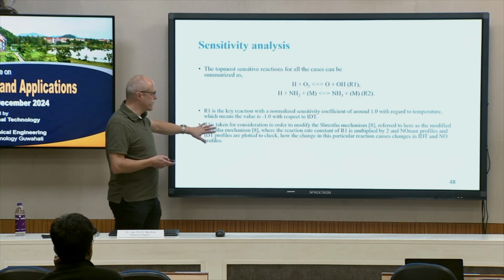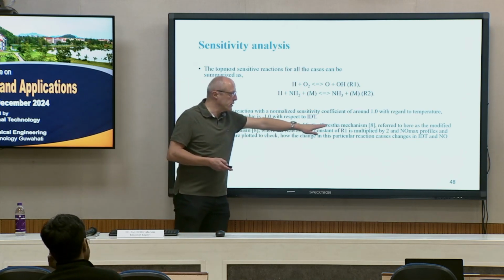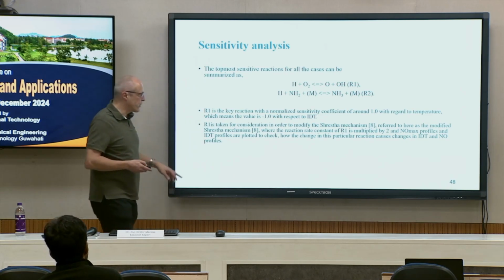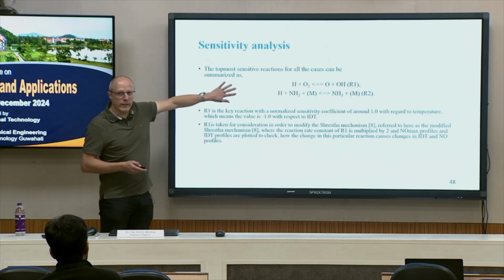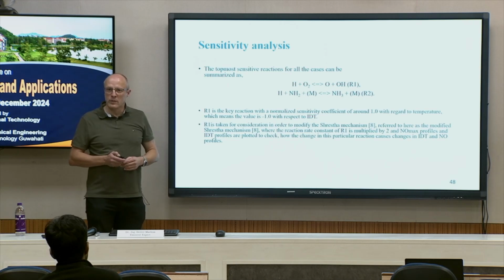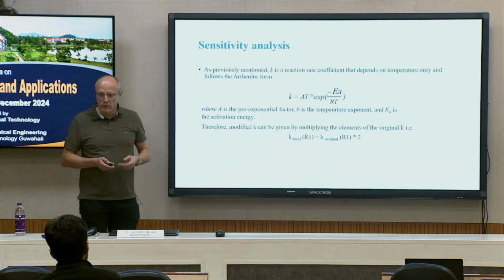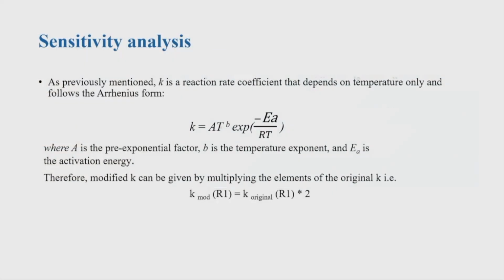Now we have just taken one specific mechanism here and changed the reaction rate in this specific mechanism, just to show you the result. So if we change the reaction rate here, of course, then we change the ignition delay time.